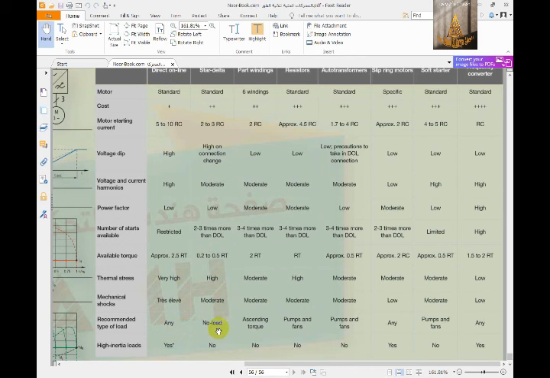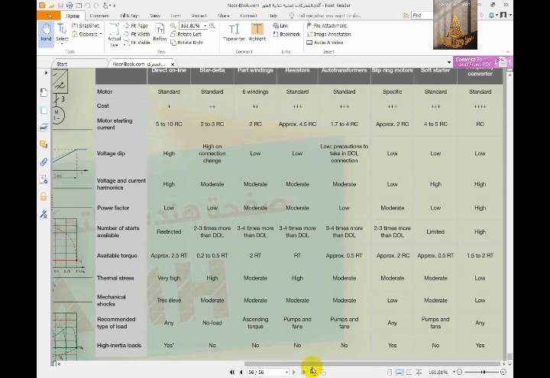Star-delta is no load, because of the weakness of the starting torque in star. So it's just for some applications and very special.